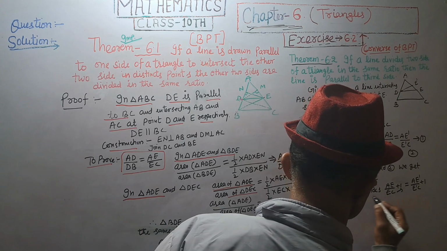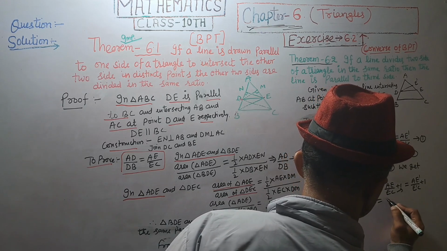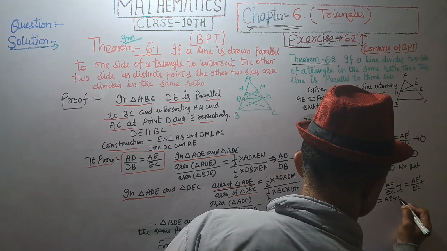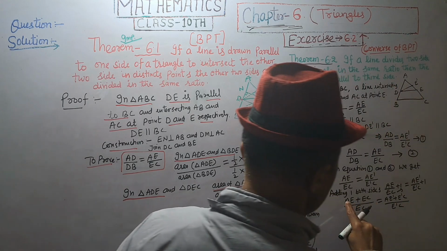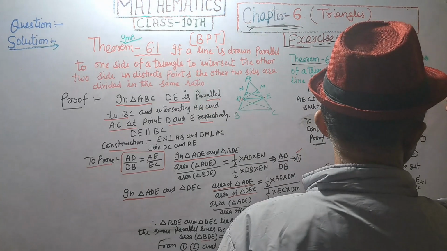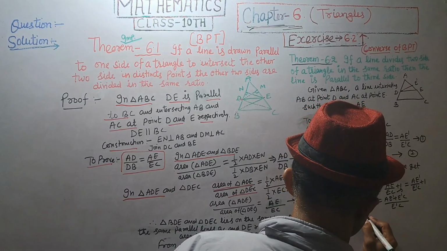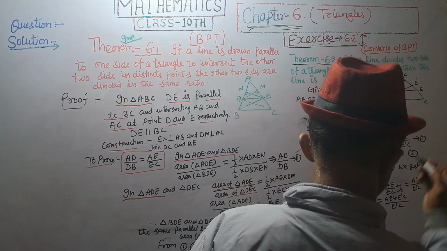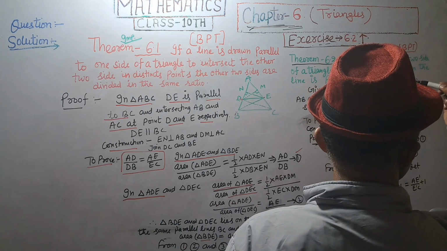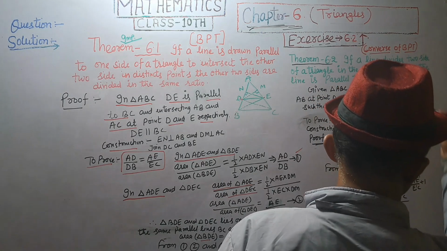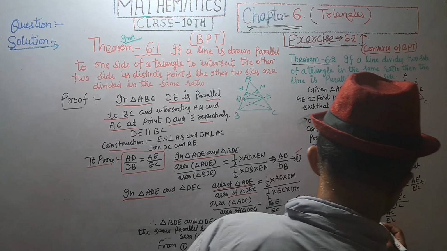Taking the common denominator, AE plus EC upon EC is equal to AE dash plus E dash C upon E dash C. AE plus EC, that is total, is AC upon EC, equal to AE dash plus E dash C, that is total, AC upon E dash C.